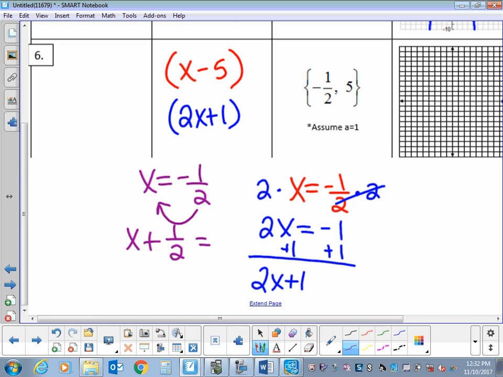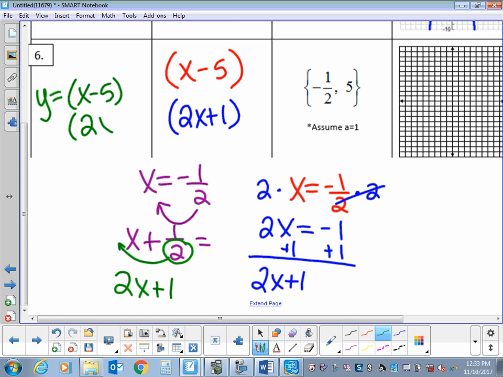But I can't have a fraction. So I just move whatever's on the bottom there. So that becomes 2x plus 1. You guys see that? Just a little trick. Alright, so now what is my equation? X minus 5 and 2x plus 1.